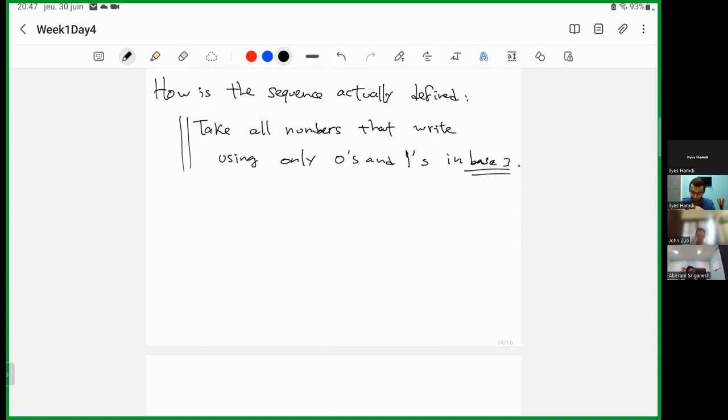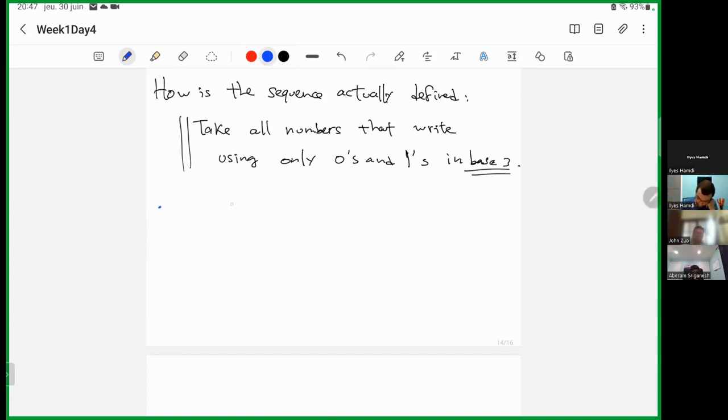Here maybe it becomes a bit tricky, because since we've used only zeros and ones, this means basically we're writing numbers as we would do in base 2, with only zeros and ones, right?